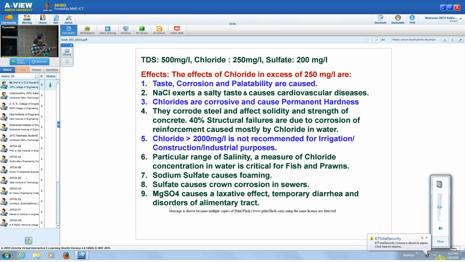Then MgSO4 causes a laxative effect. What is meant by laxative effect? It has nothing to do with lazy. Whenever you see a word, you come to know so many other words unknowingly: synonyms, antonyms, usage, correct spelling.